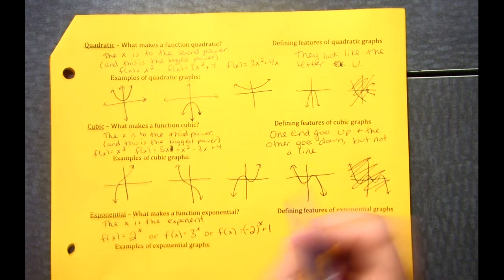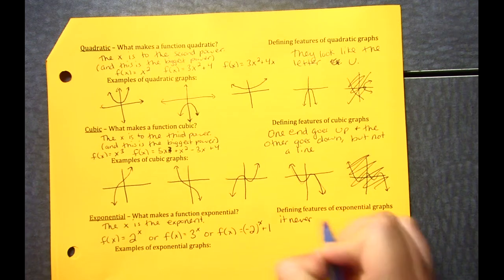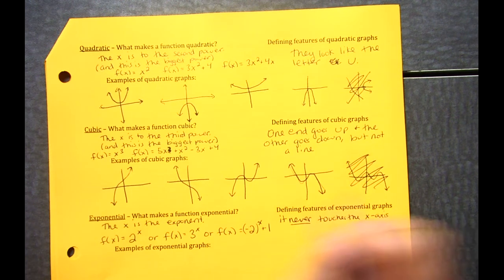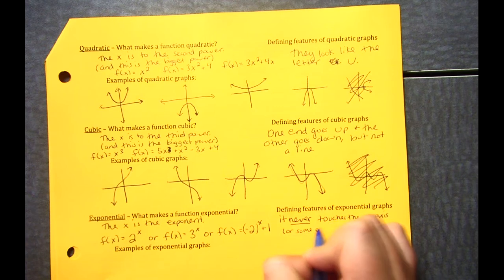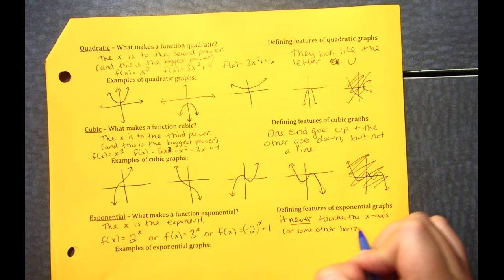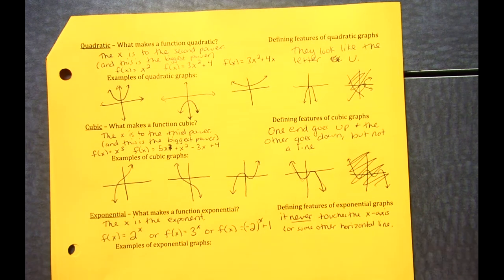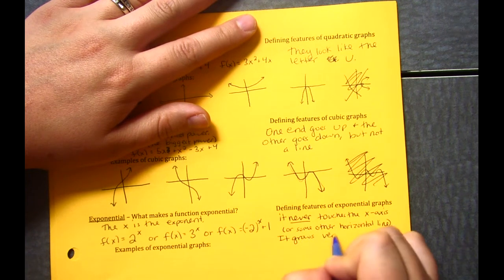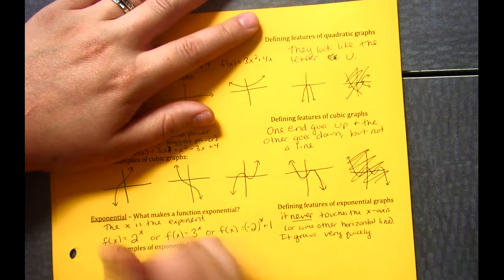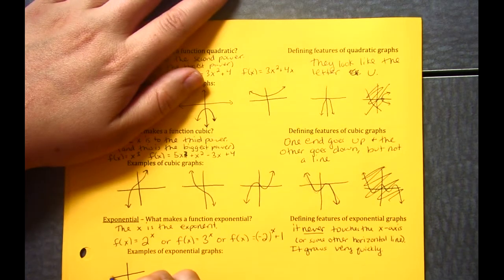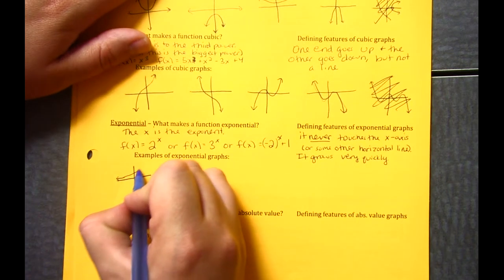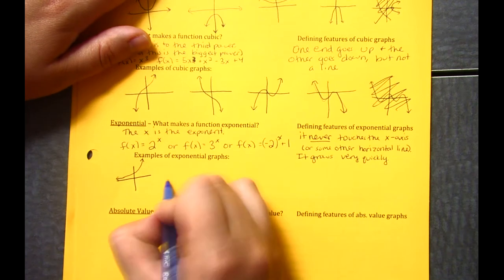Defining features of this graph is it never touches the x-axis or some other horizontal line. And it grows very quickly. So what that looks like is maybe in this direction it's never going to touch the x-axis. It's going to get closer and closer to it, but it'll never touch in this direction. And in the other direction it grows very quickly.